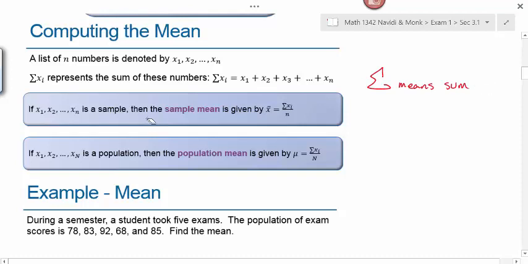So the way we would calculate the sample mean is by adding together all of the data values and then divide by how many data values there are. The way we would calculate the population mean is we would add up all of our data values and then divide by the population size. Remember, a capital N was the measure that we reserved for population. A lowercase n is for a sample.